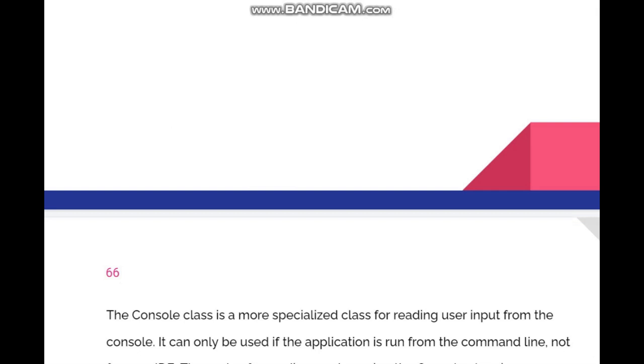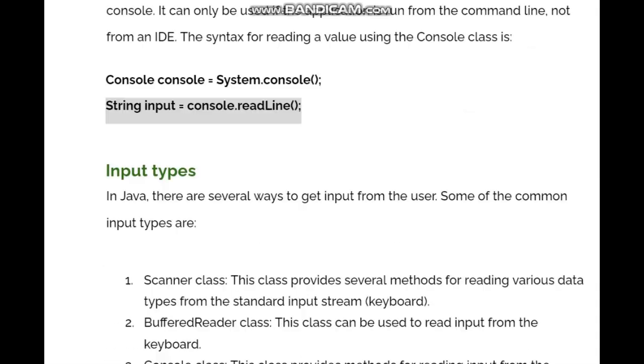Input types. In Java, there are several ways to get input from the user. Some of the common input types are Scanner class. This class provides several methods for reading various data types from the standard input stream, keyboard. BufferedReader class. This class can be used to read input from the keyboard.